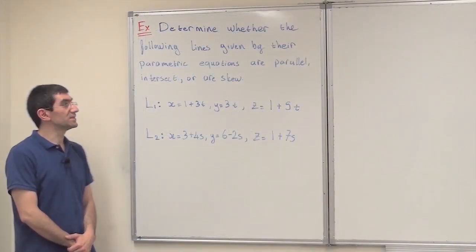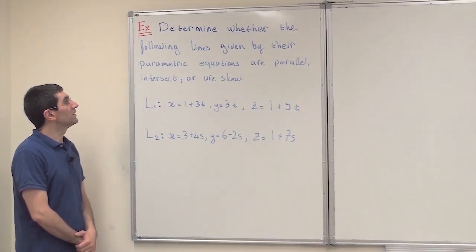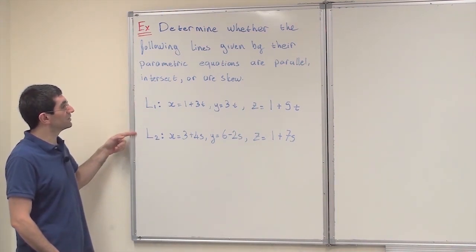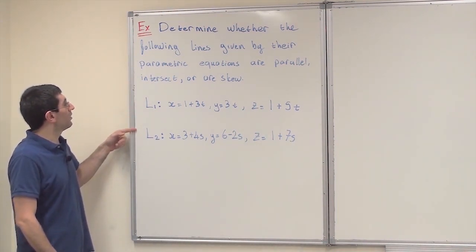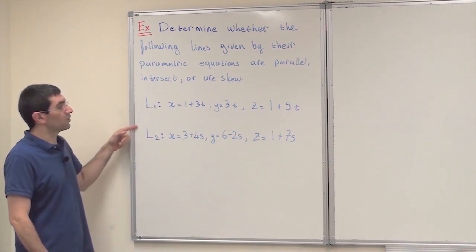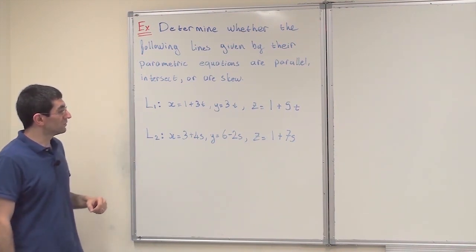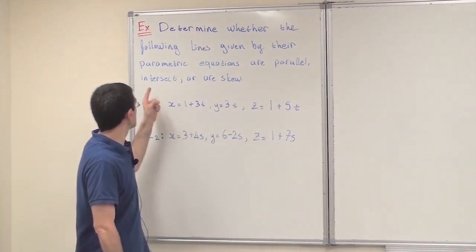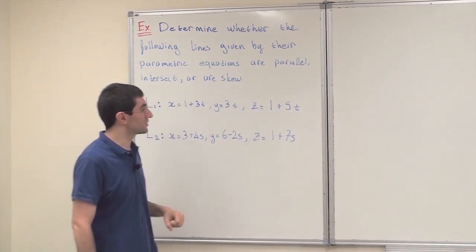Our next exercise is the following. We want to determine whether the following lines given by their parametric equations are parallel, or whether they intersect, or whether they are skew. So, before I start solving the question, I would like to explain the notions of parallel, intersect, and skew.